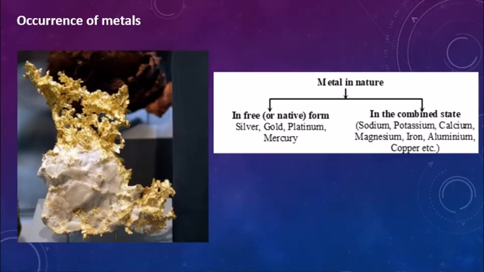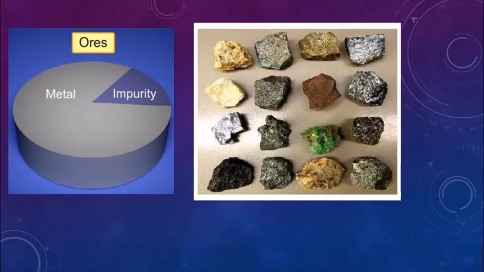The compounds of metals that occur in nature along with impurities are called minerals. And the minerals from which you can economically separate the metals are called ores. Now the ores contain many types of impurities such as soil, sand, rocky substances, and the metal compound is also there.